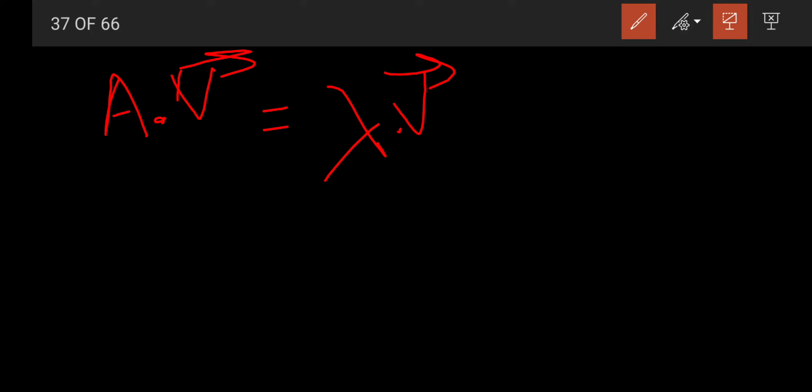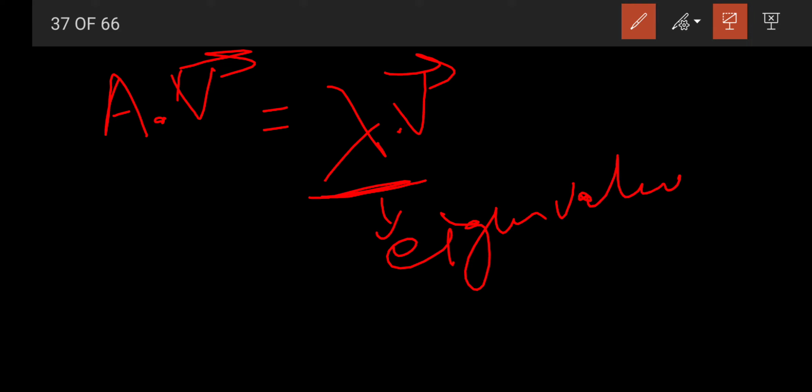You can call it c or something, it's just notation, and lambda is so popular here, so I'm using lambda. So this lambda is called the eigenvalue of vector v, and this is the eigenvector.